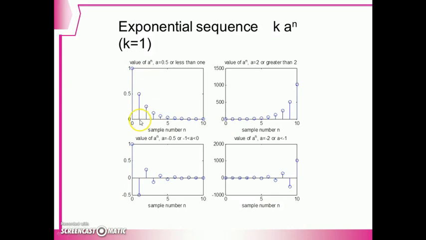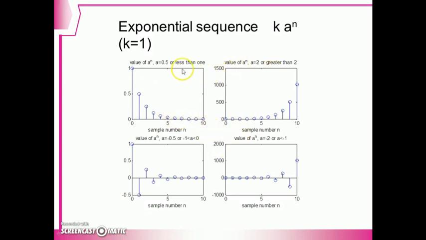Now n equal to 1 is a power 1. So a is 0.5, so we get 0.5. When n equal to 2, it is 0.5 squared. n equal to 3, 0.5 cubed, and so on. So we see the value is exponentially decreasing.